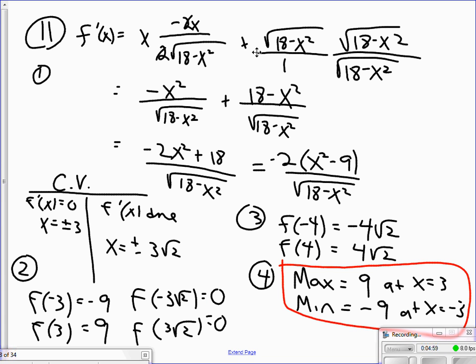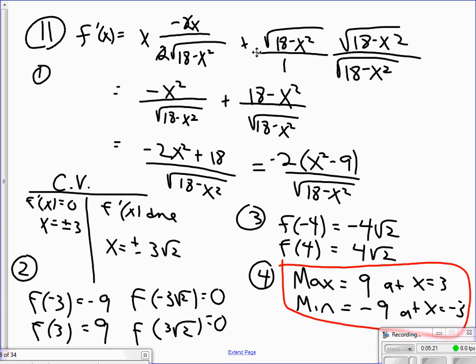And you might say, why do I want to go through that? Well, critical values occur when the derivative is either 0, so when the numerator is 0, or when it's undefined, when the denominator is 0. When you combine them like this, it makes it easier to see when it's 0 and when it's undefined. So to get your critical values, you set your derivative equal to 0.